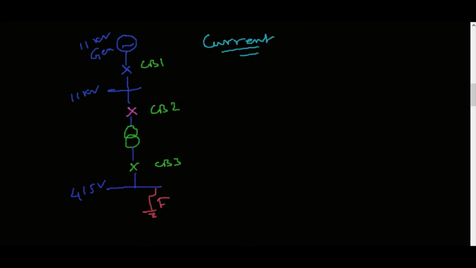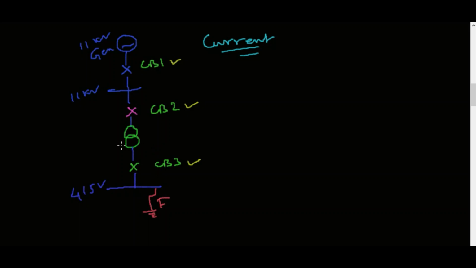In that case this CB3 should trip first, then CB2 will come into the picture, and then CB1. So this should be the coordination, but this time it will be based on current discrimination. Based on the fault current, the relay will pick up and the corresponding circuit breaker will trip.